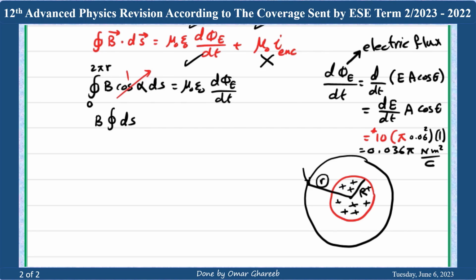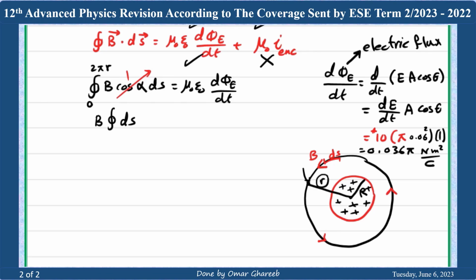To find the direction of the magnetic field, the electric field is out of the page, as I mentioned before, and it is increasing, so the induced electric field is in the same direction. Put your thumb out, then your four fingers will curl counterclockwise. This is the direction of B, and it is the same direction as ds, the path that you take.